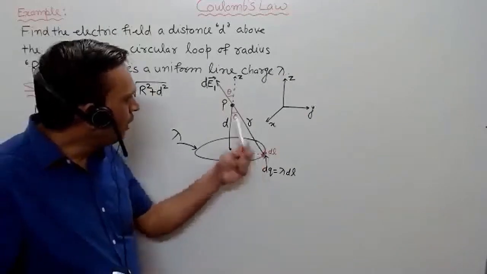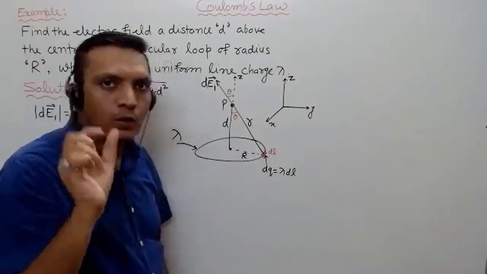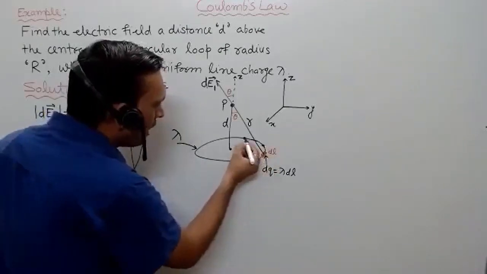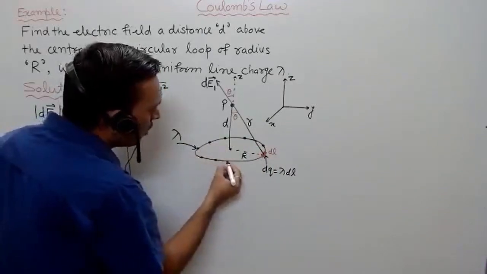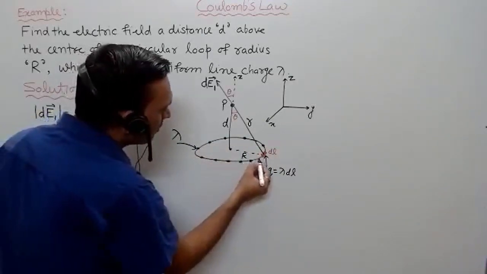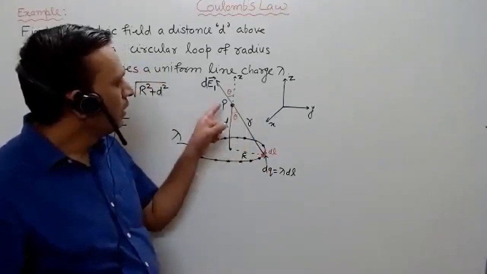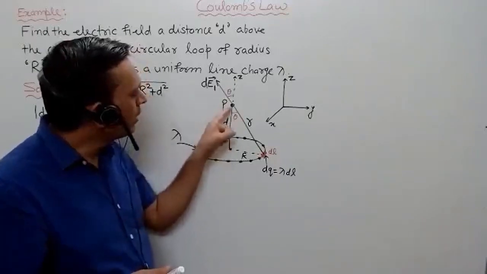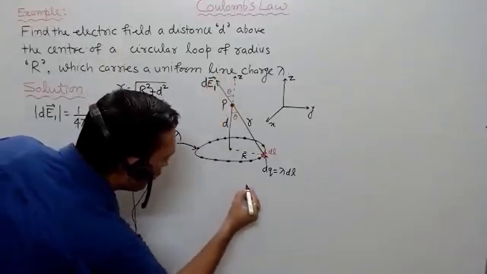This field dE1 is because of the elemental length dl only. So if you consider all elemental length over this wire, because it's a continuous path, you will see around point P, you will get a cone of dE1.